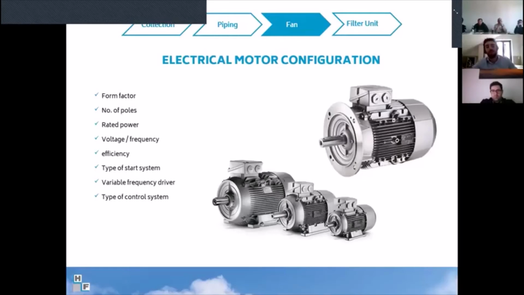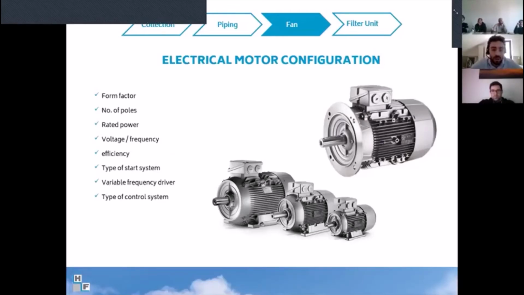So we are talking about electrical motor configuration. We already designed the blower. We need to choose the proper motor that must work together with the blower in order to guarantee the performances.